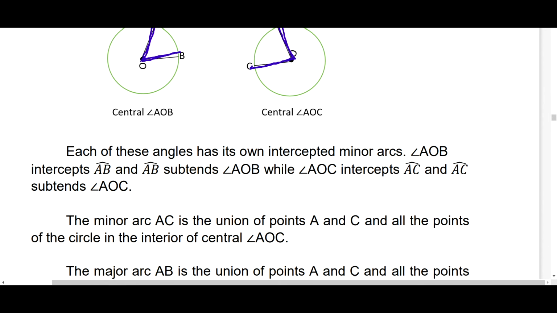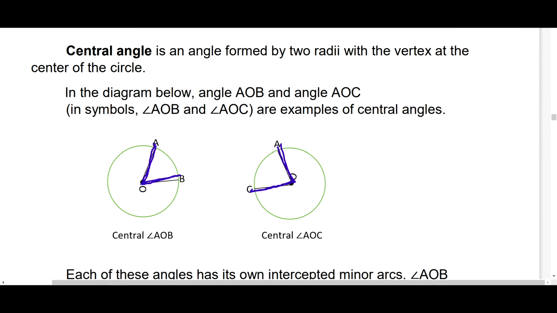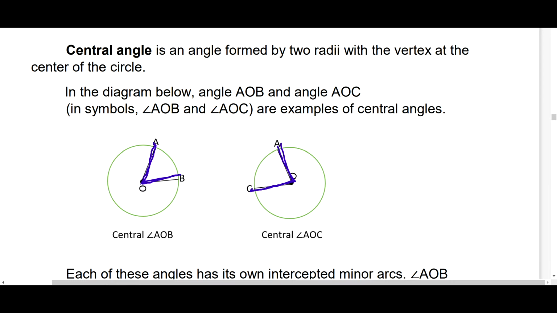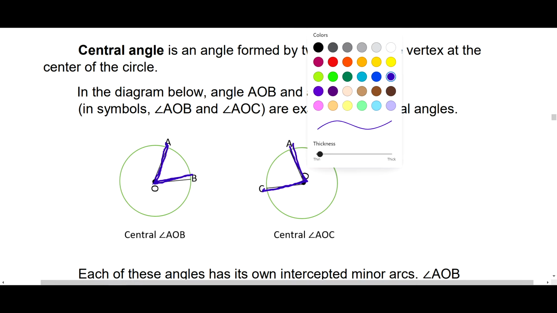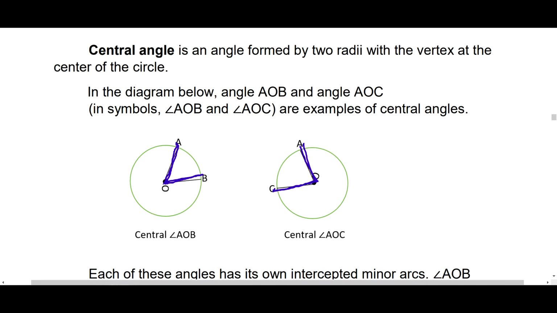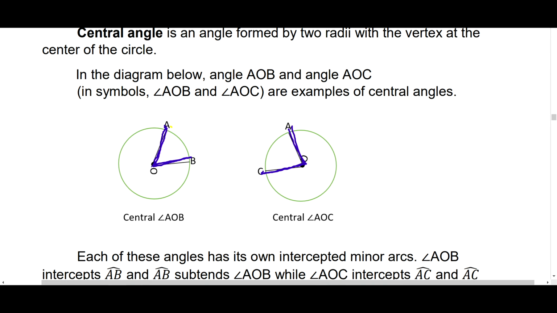Okay? So each of these angles has shown its intercepted minor arcs. So kapag sinabing intercepted, yung tinamaan nilang arc. Ito yung mga tinamaan nila. Arc AB. Ito si arc AC. Yan. Tinamaan nilang arc.